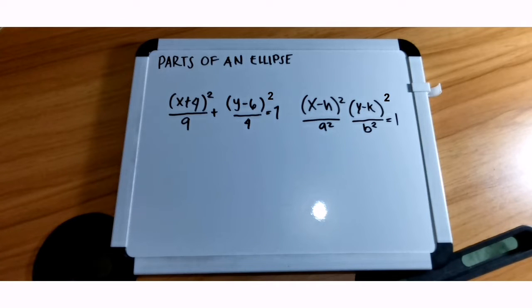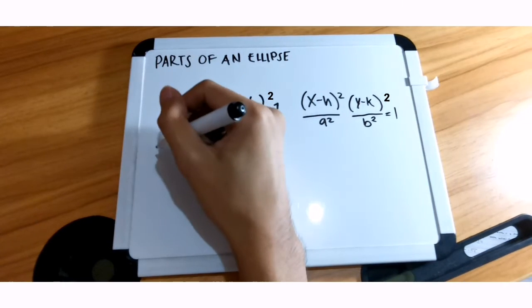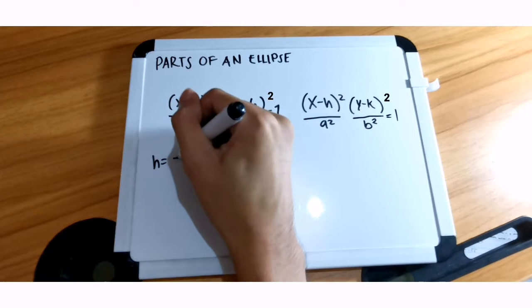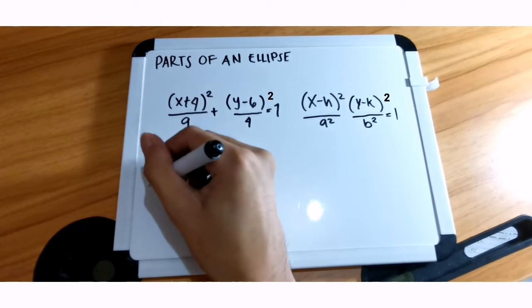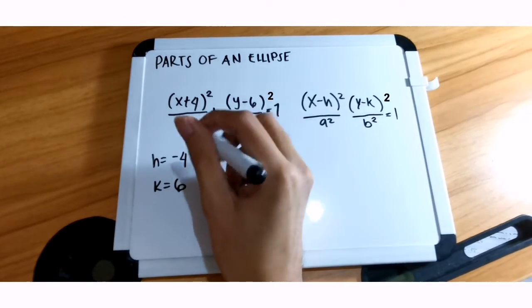For h and k, from the standard form h is equal to positive 4, we need to change it into negative 4. And then k is equal to negative 6, we change it to positive 6.